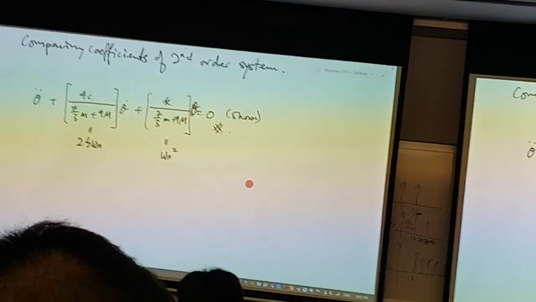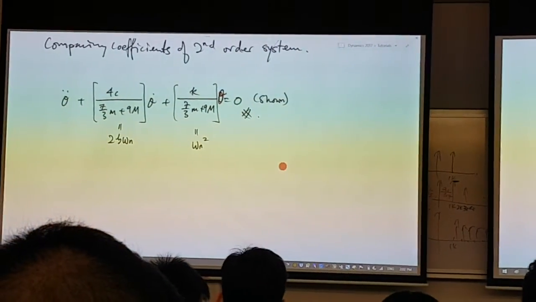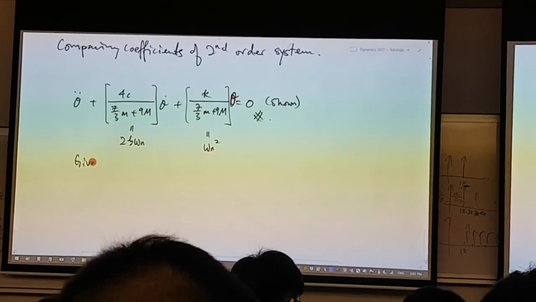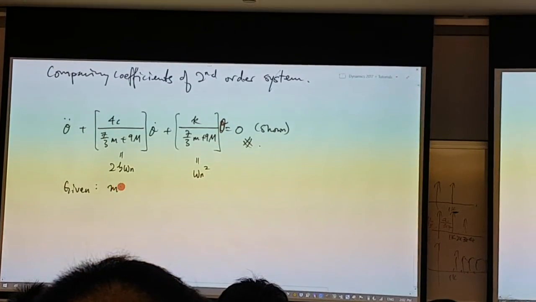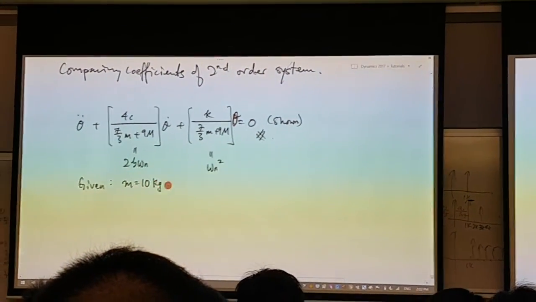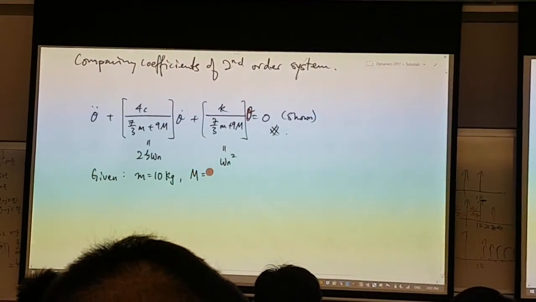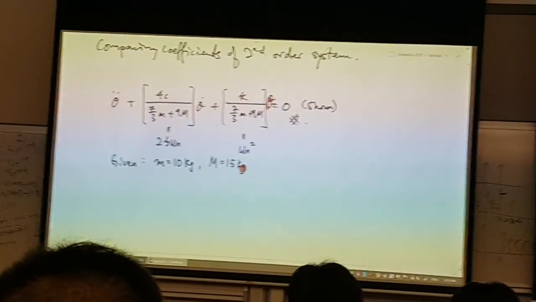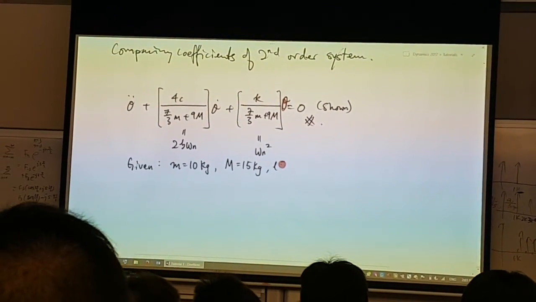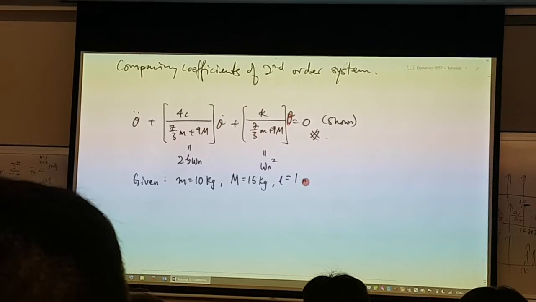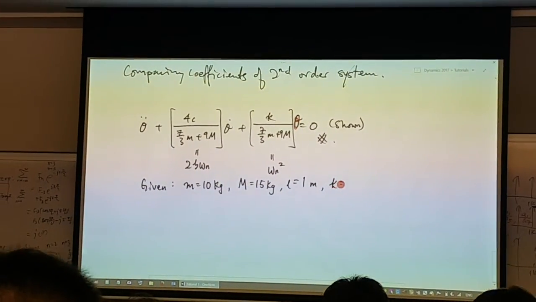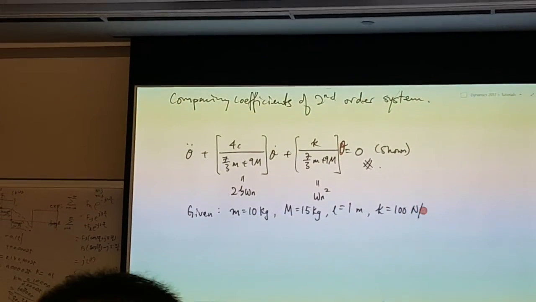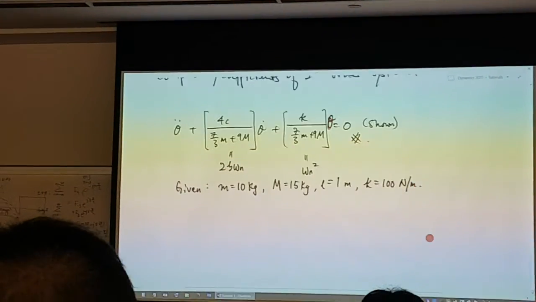So I think the question gave a lot of other values. So small m is 10 kilogram. Capital M, 15 kilogram. L, 1 meter. K, 100 Newton per meter.